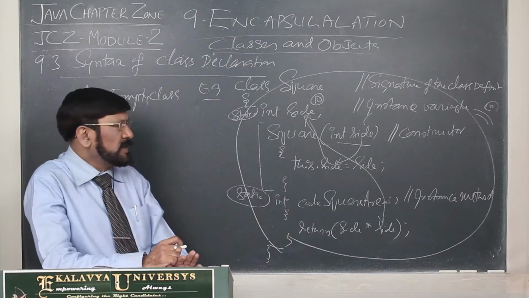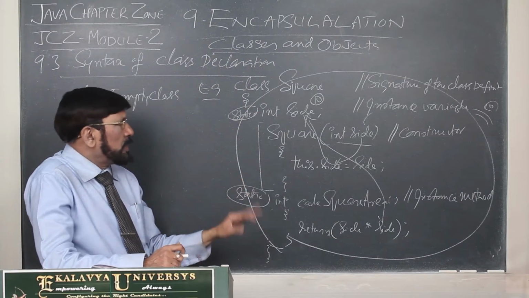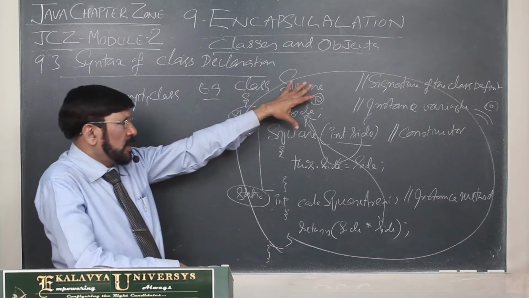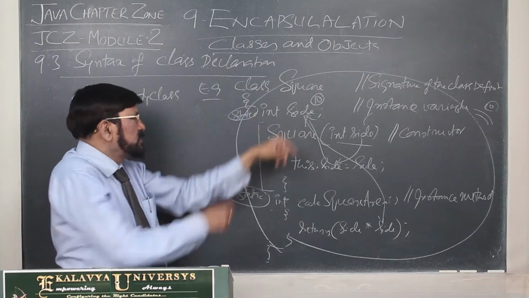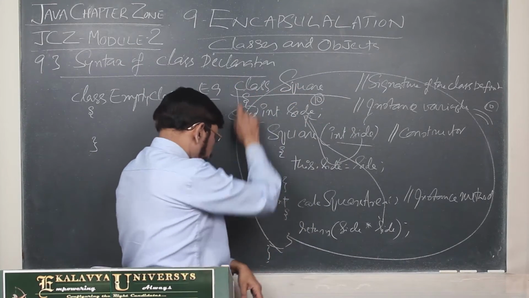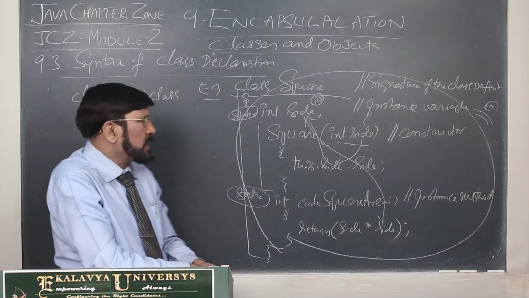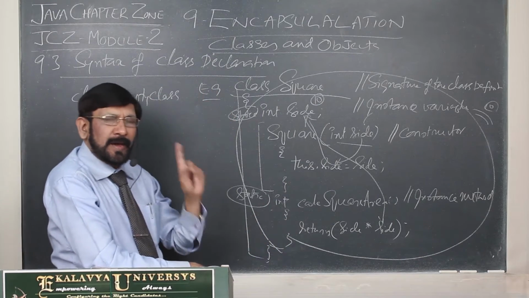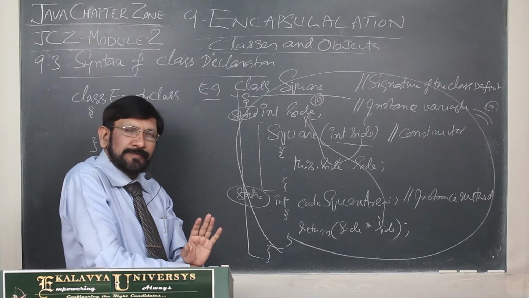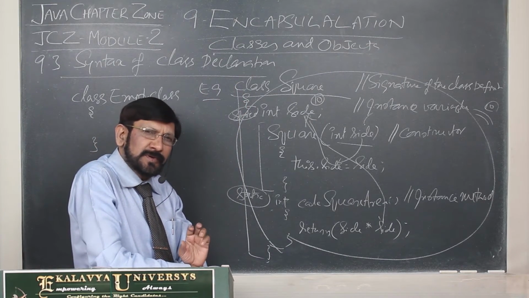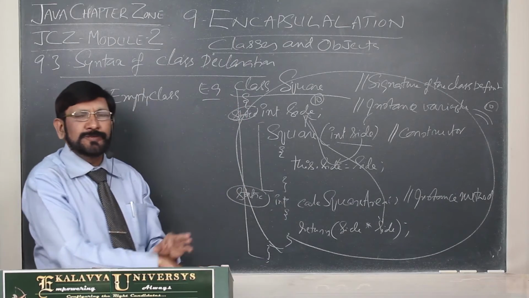Gradually understand that. So in this manner, we have defined the class. Here, the first line is the signature of the class, and this is the body of the class. As I told you already, there are access specifiers, but I don't want to confuse you.